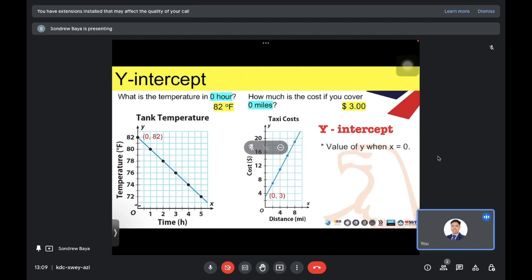That's the value of y when x is 0. It's represented by the ordered pair 0, comma y. This ordered pair is not the y-intercept, but the y value is the y-intercept. The y value when your x is 0.